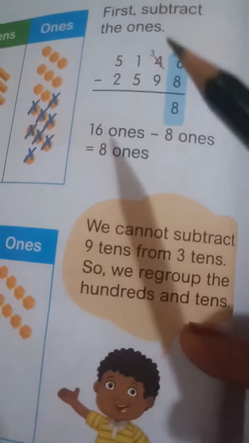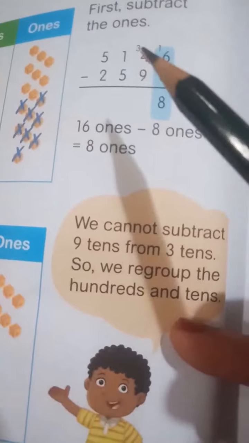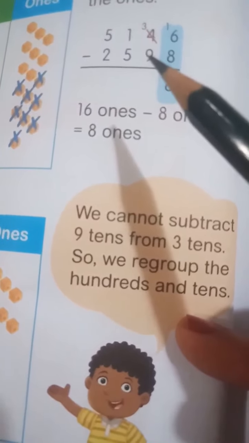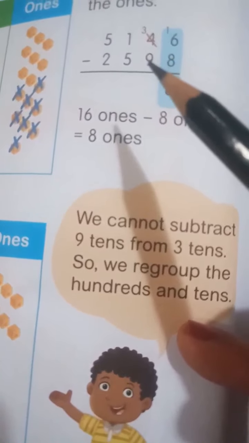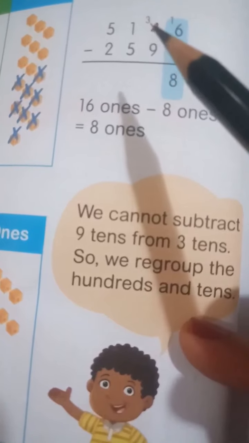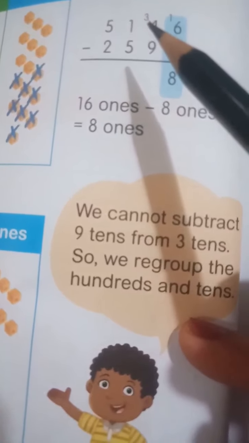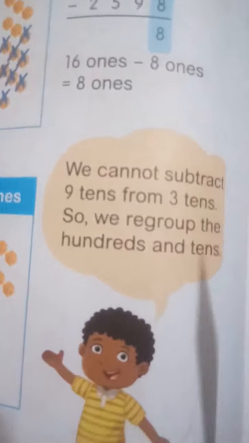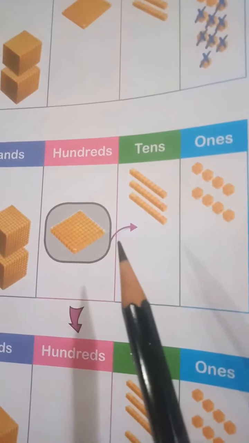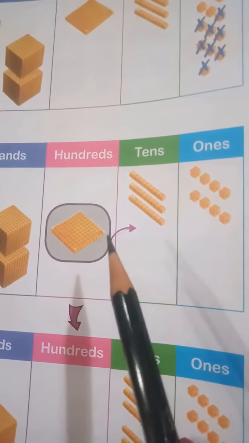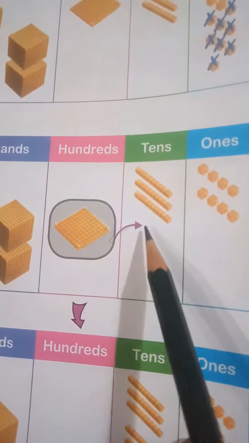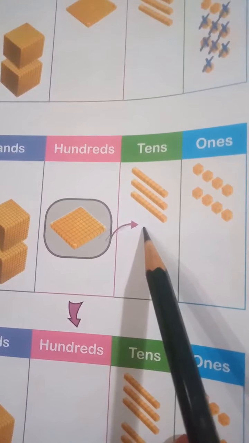And the next, we subtract the tens. 3 tens minus 9 tens. 9 cannot be subtracted from 3. In this way, look at the value chart. We regroup the hundreds and the tens.